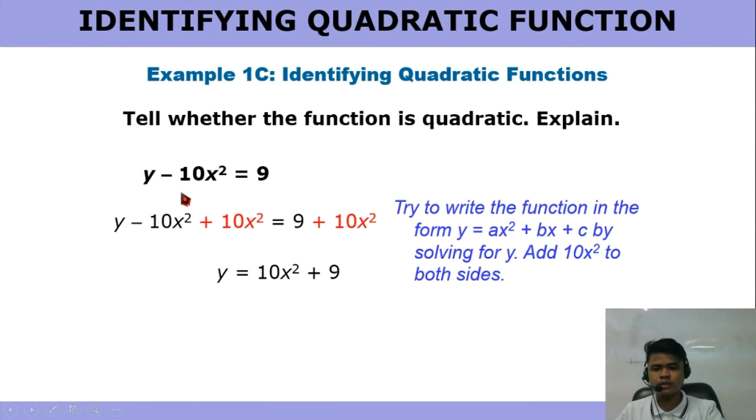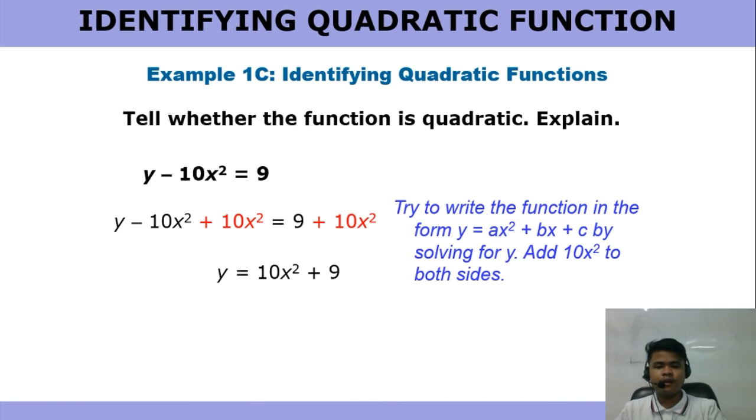For example, if we will transfer negative 10x squared to the right side ng equation, let's just change the sign. So, from negative 10x squared, magiging positive 10x squared siya. So, y is equal to 10x squared plus 9. Okay, that's how the transposition works.